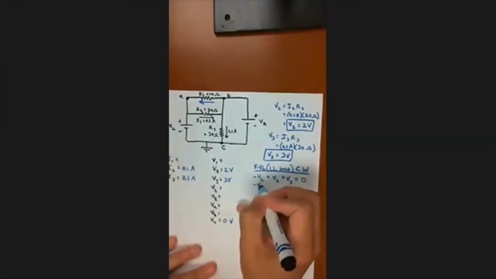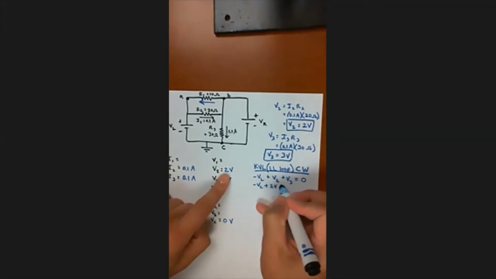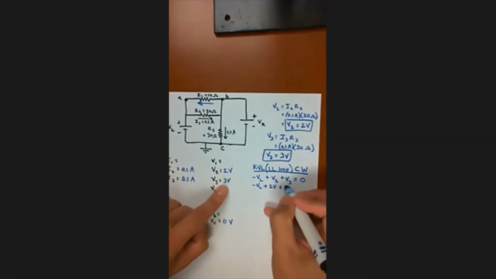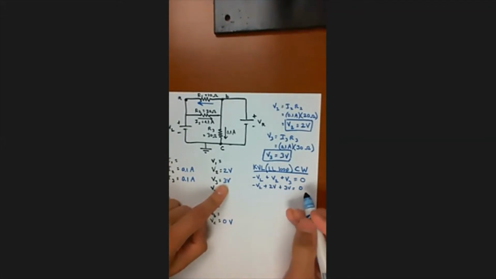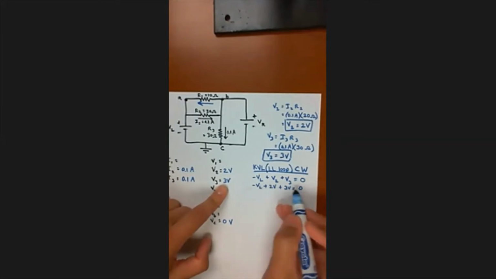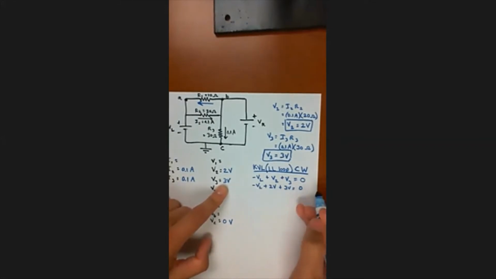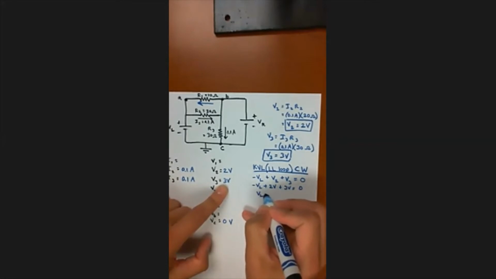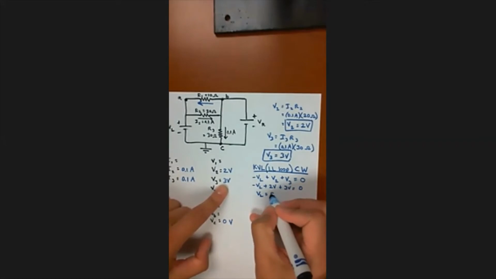Negative VL plus V2 was 2 volts plus V3 was 3 volts equals 0. Now I have one unknown, and I can solve this. So I add VL to both sides, and I get 2 volts plus 3 volts equals VL. So VL equals 2 volts plus 3 volts gives me 5 volts.